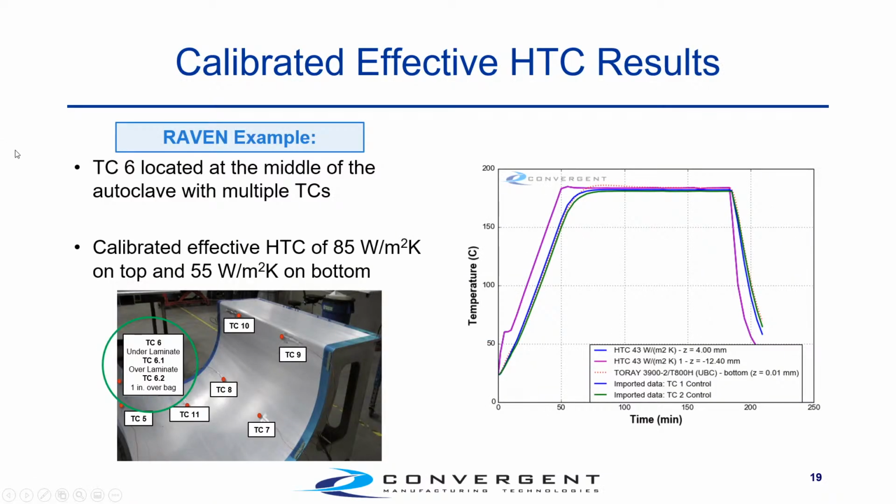So now we see at position 6, which is located about the midpoint of the part, where we actually had multiple TCs to calibrate with, we came up with a top value of 85 watts per meter squared Kelvin and a bottom value of 55 watts per meter squared Kelvin. What's interesting about this is that it is somewhat in between what we saw at TC 9 and 10, and TC 1 and 2 at the back end.